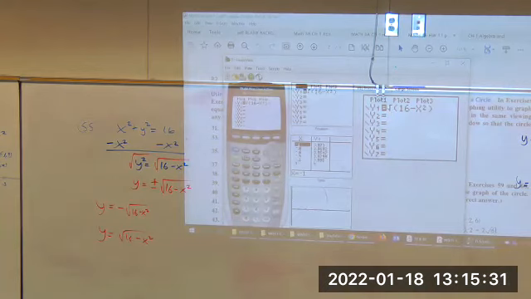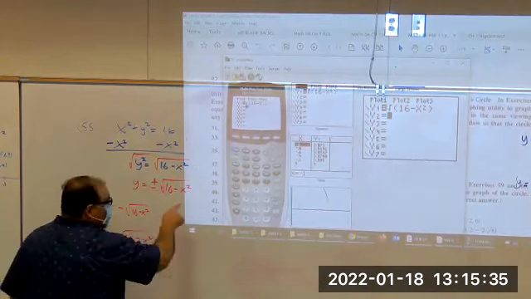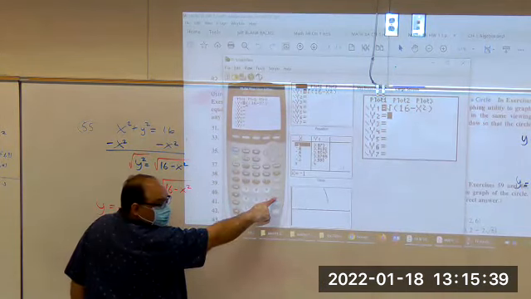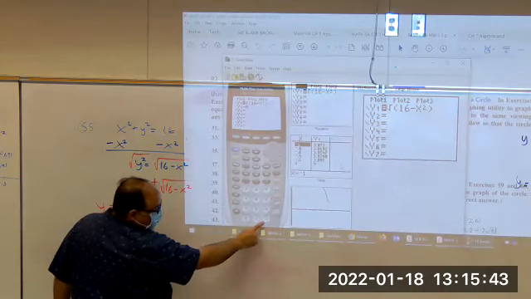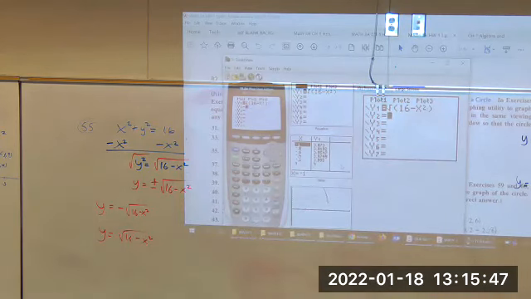Now, when you hit a negative, because you got to have a negative in front of it, you can't put this one. You can't put minus. That's not a negative. This is your negative right here. If you put minus instead of a negative, it's going to have an error.